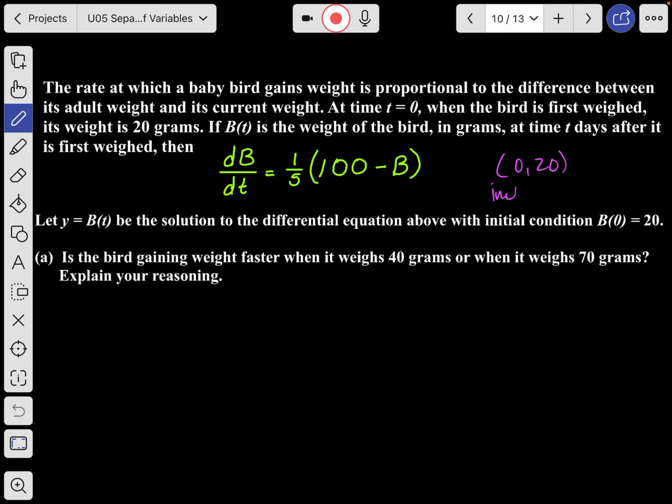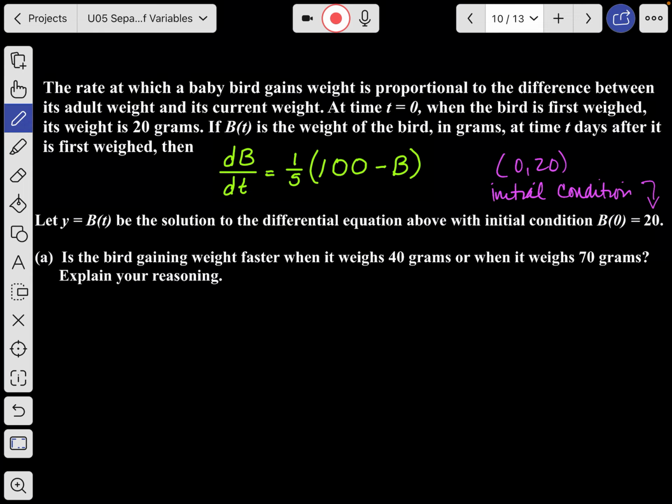That's its initial condition. There we go. So dB/dt is equal to 1/5 (100 minus B). So let y equals B of t be the solution to the differential equation above with initial condition (0, 20). Hey, and there it is.